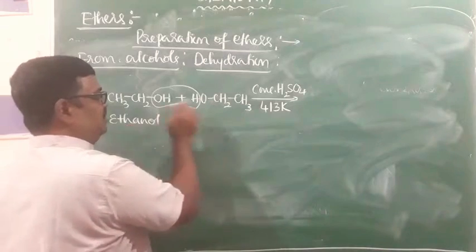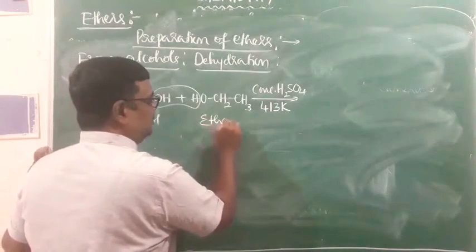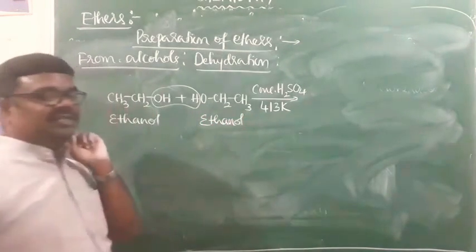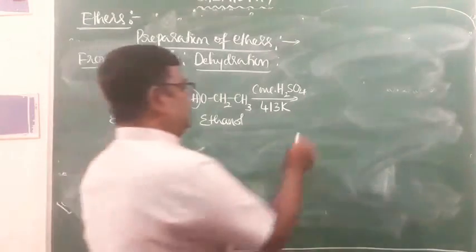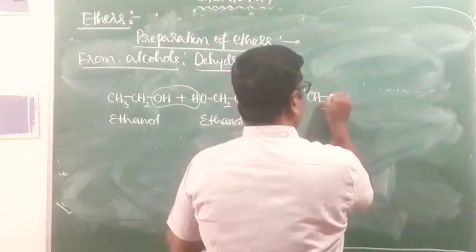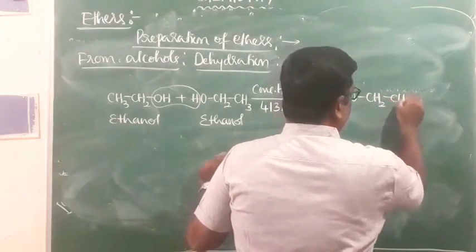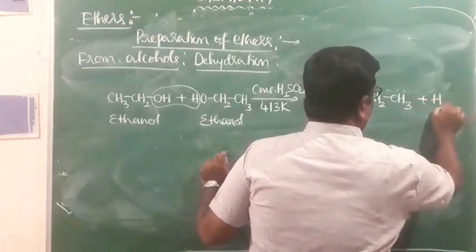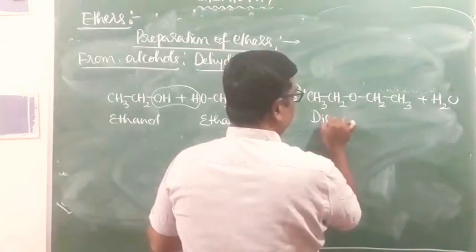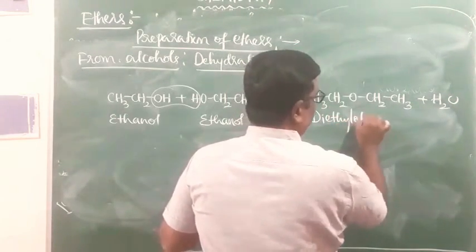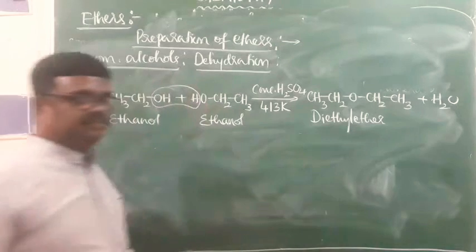This is one ethanol molecule, this is another ethanol molecule. Therefore, we use excess ethanol here, and dehydration takes place between 2 ethanol molecules, resulting in the formation of diethyl ether plus H2O. This is diethyl ether, right?